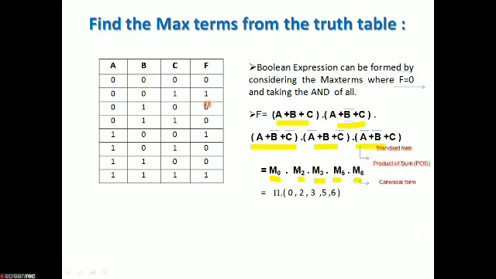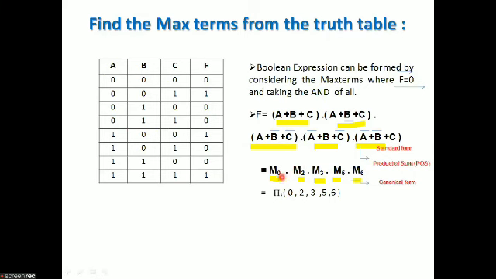This one is max term 2, as this is 0, 1, 0 meaning 2. This is max term 3, that is 0, 1, 1, the decimal 3 represented in 3 bits. Next is 5, which means 1, 0, 1, so max term 5, and this is 1, 1, 0, that is max term 6.